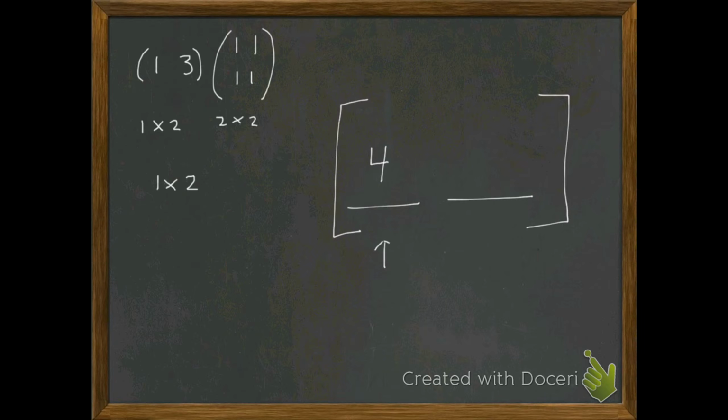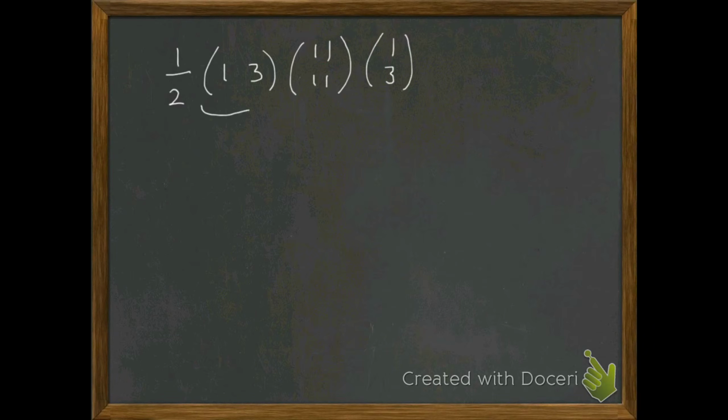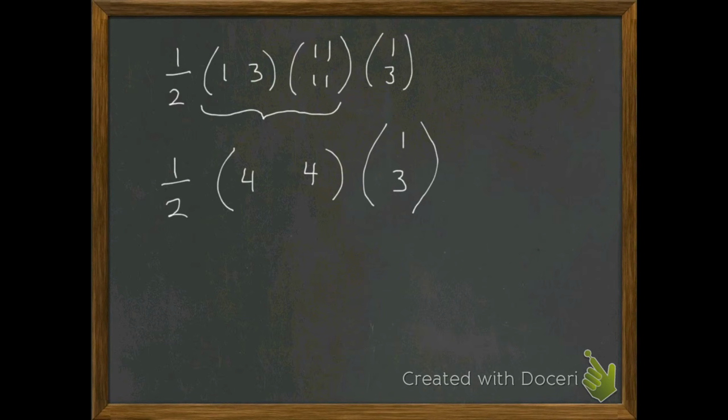And the other, we're clearly going to get 4 as well. So keep the ball rolling here. When we have 1 over 2, 1, 3, times the J matrix, times 1, 3, this part right here is going to give us 4, 4. I think that's right, wasn't it?